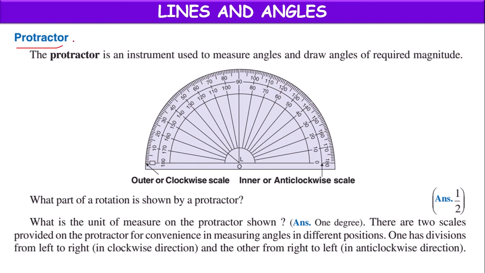So in your geometry box you will find this kind of mathematical tool, children. It is called protractor. It's an instrument used to measure angles and draw angles of required magnitude.